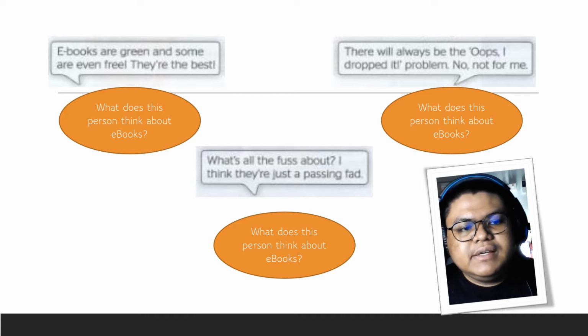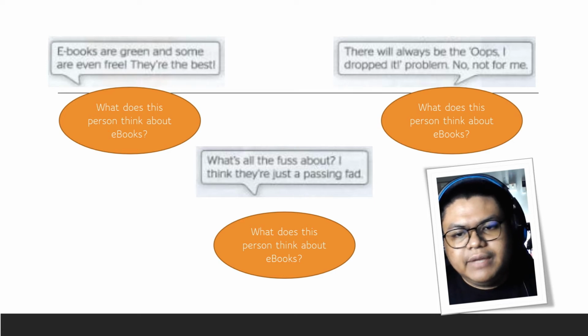Okay, so as you can see here, these are the three statements. Okay, ebooks are green and some are even free. They are the best. Okay, so what does this person think about ebooks? Okay, and then you also have this, there will always be the oops, I dropped it problem. No, not for me. So what do you think that means?